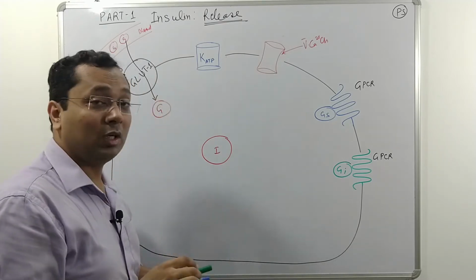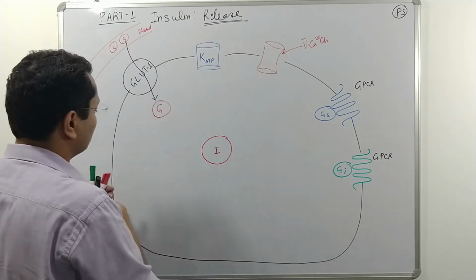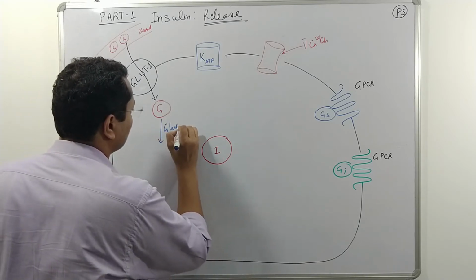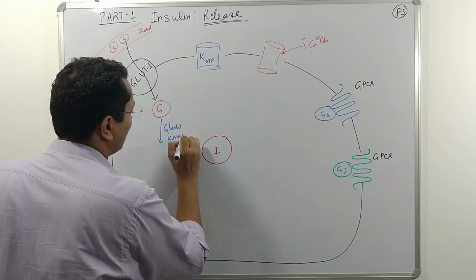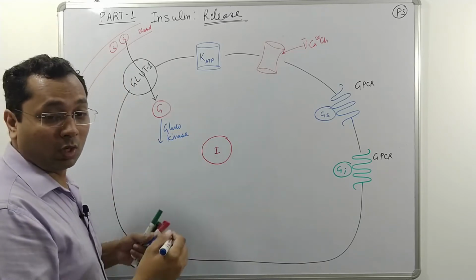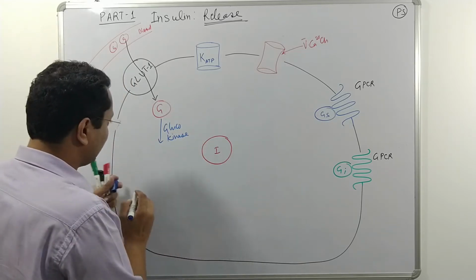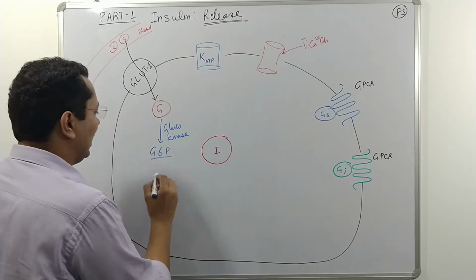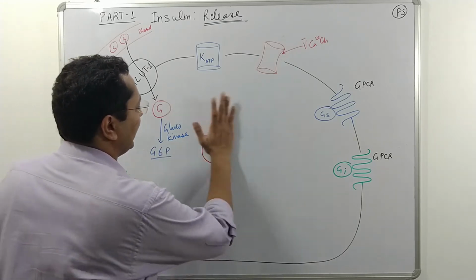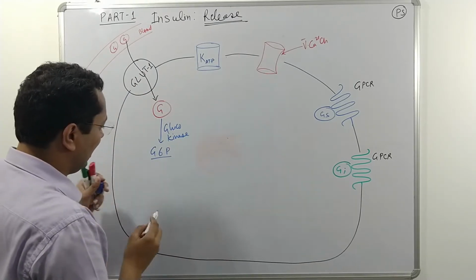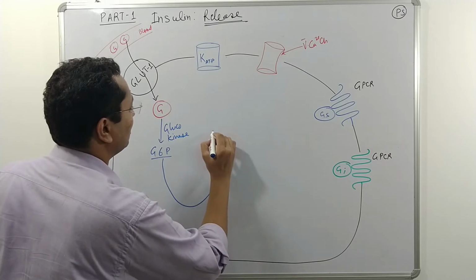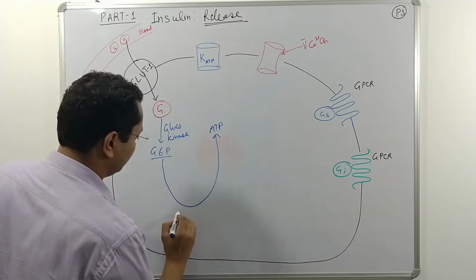Once this glucose is transported inside the beta cell, there is an enzyme called glucokinase. Glucokinase converts it into glucose 6 phosphate, and then after a series of metabolic reactions, this gets converted into ATP.